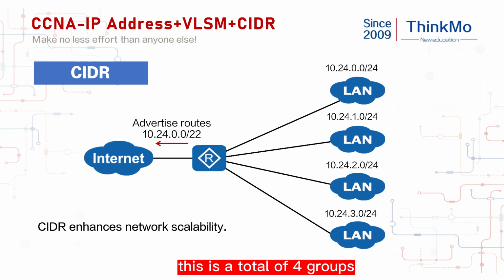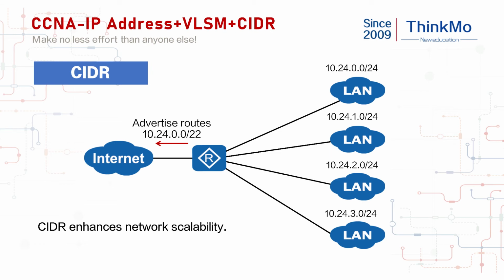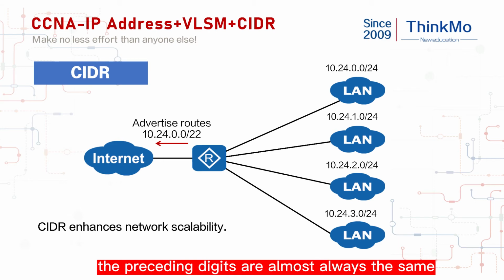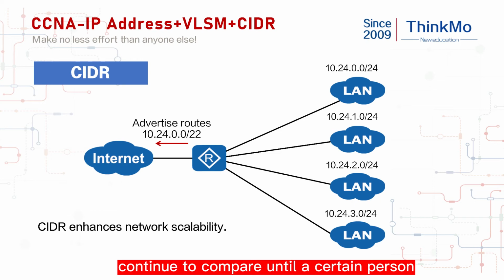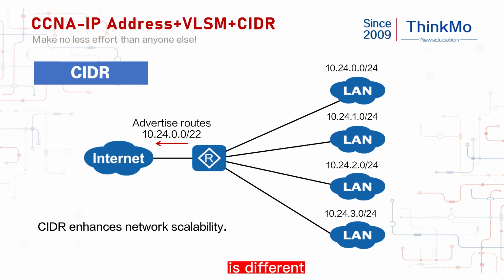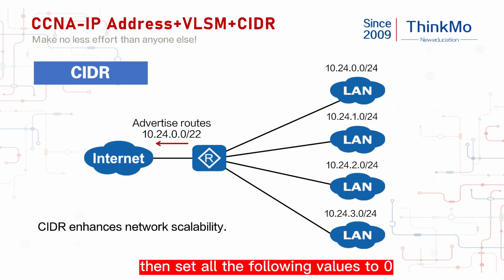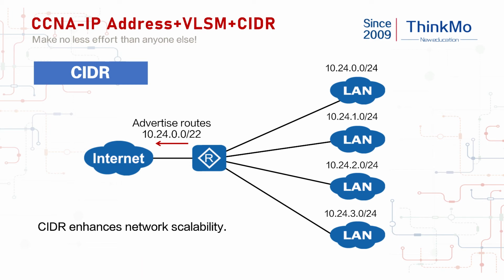This is a total of 4 groups. You do the math after class. The preceding digits are almost always the same. When you compare them, continue to compare until a certain bit is different. Stop from that one. Then set all the following values to 0. Then it is calculated.